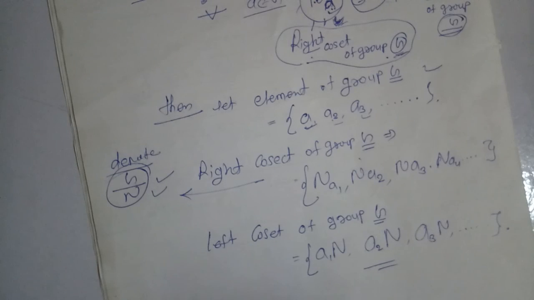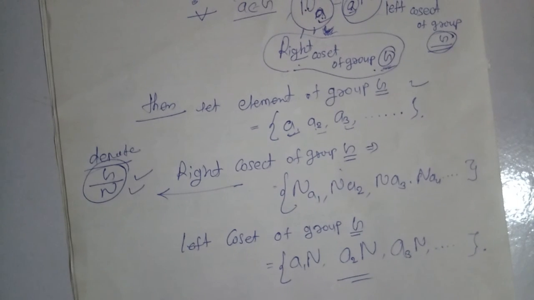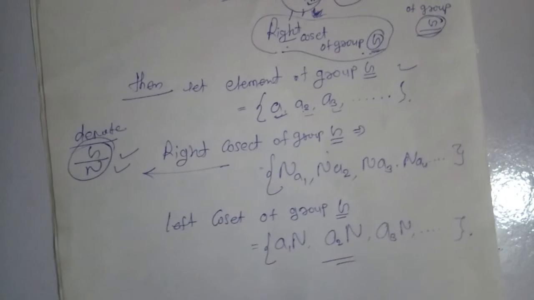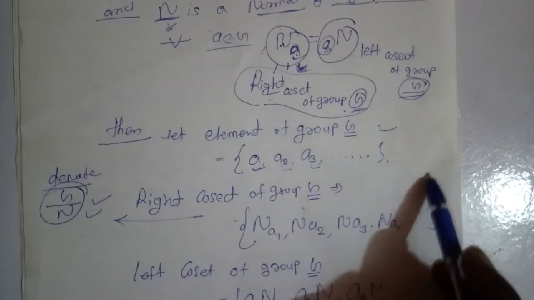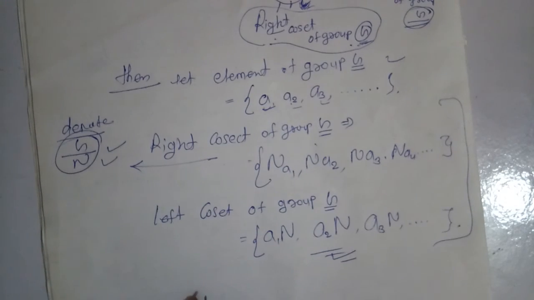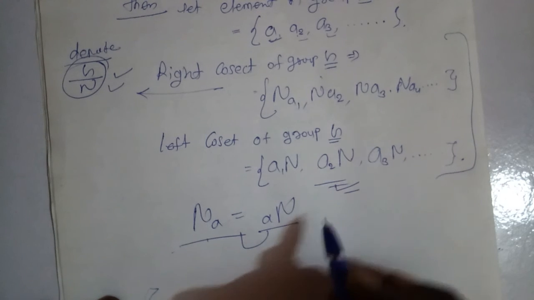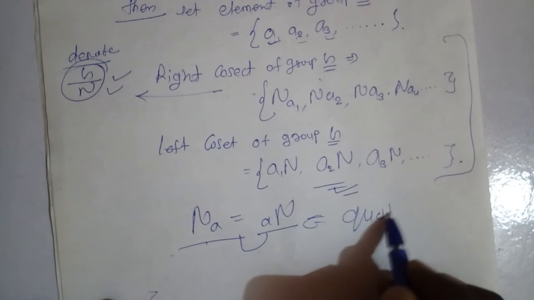Okay students, and this is a coset, right coset. So this is also called a quotient group. Also the right coset and left coset mentioned is called a quotient group.